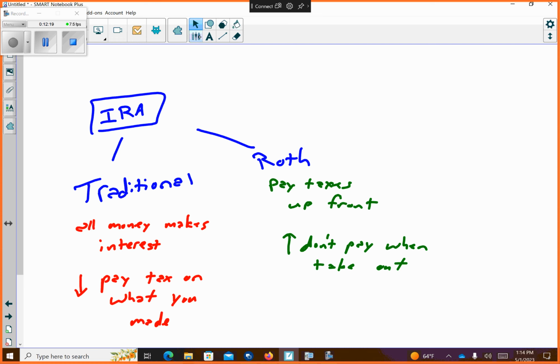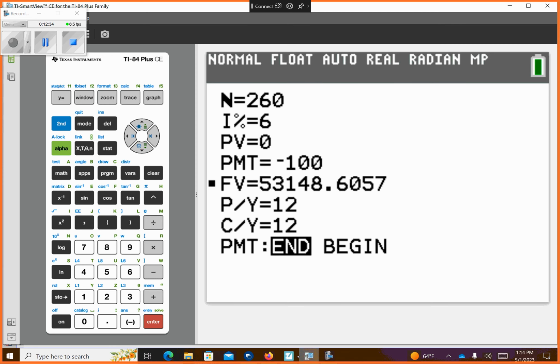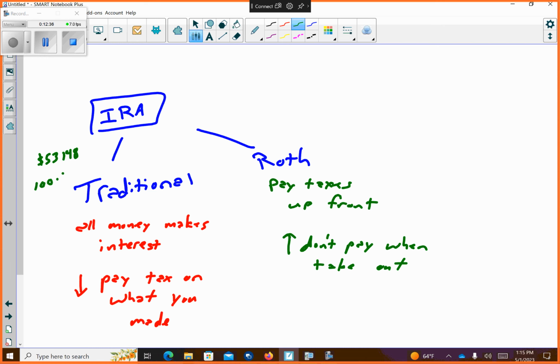Okay. So this account is at 53,148, in which I put 100 times 260 payments. Okay, so that means you put $26,000 in.